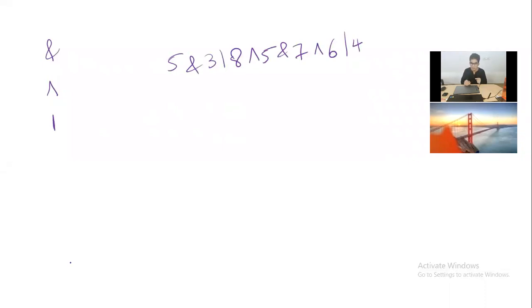The AND operator, which means you have to solve only those operators which have AND. All the AND operators I have to solve. The other operators you have to keep as they are. So 5 and 3 you have to solve. After solving 5 and 3, let's imagine, I'm not doing it because you can do it on your own.